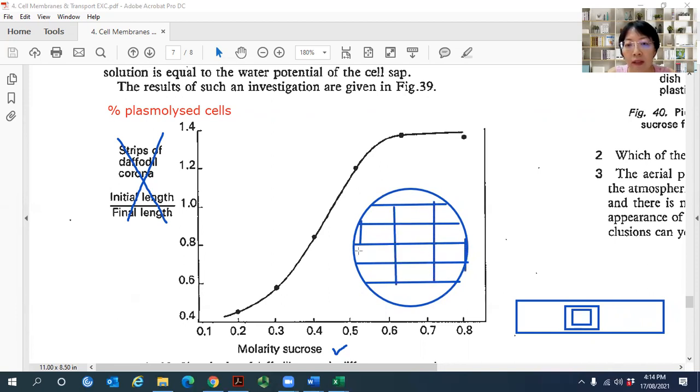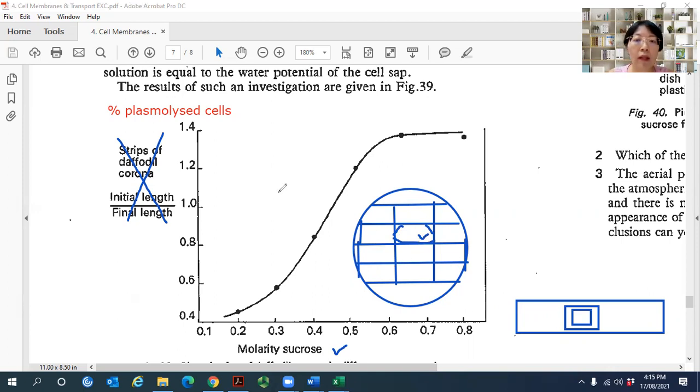Then you're asked to choose 10 cells, and from the 10 cells, you note down how many cells are plasmolysed. If plasmolysed, you can see the membrane withdrawn away from the cell wall, either a small degree or a huge degree, doesn't matter. So this one is plasmolysed, and the rest are not plasmolysed. So this is 1 out of 10.